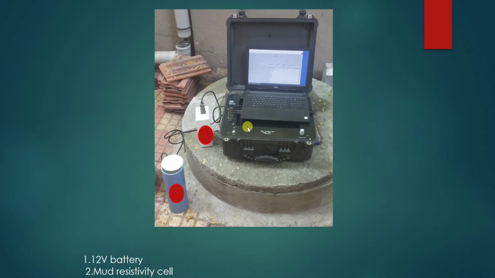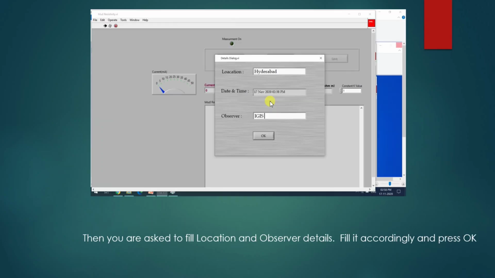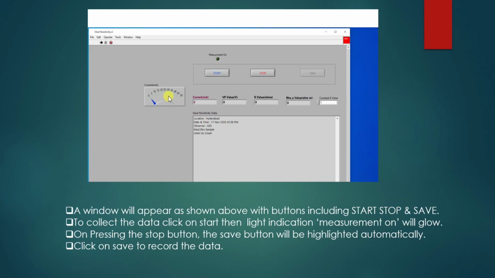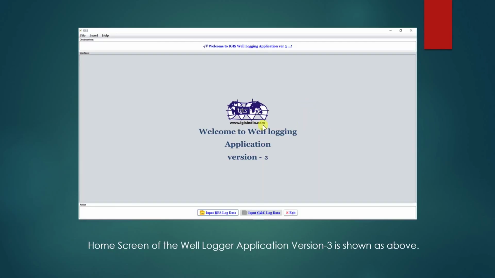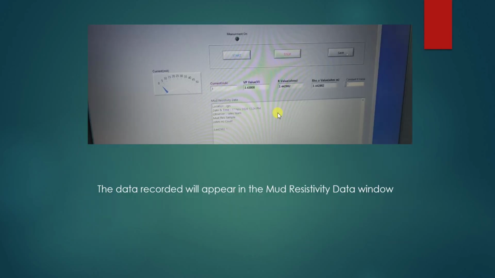We open the application, add the details, and click OK, and we'll see the current. If we click on start, the count will start. When you see the values here, resistance is 3 and apparent resistivity is 3. So that is how we find the mud resistivity.